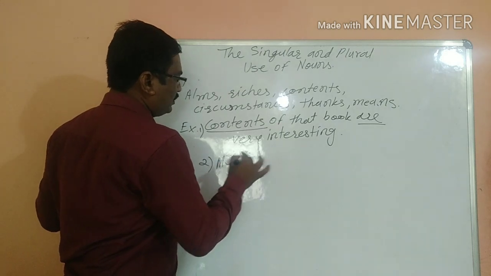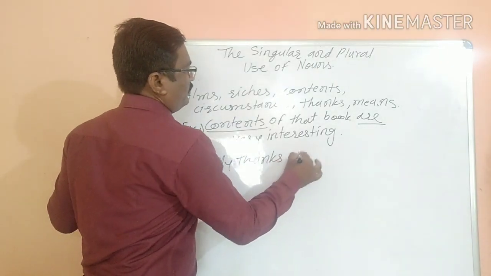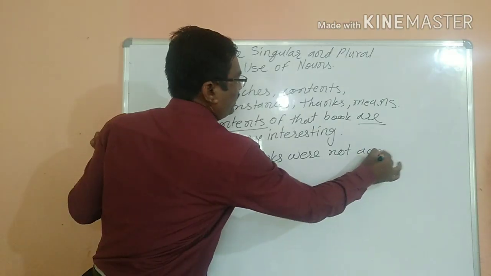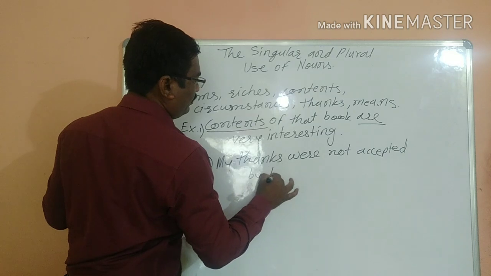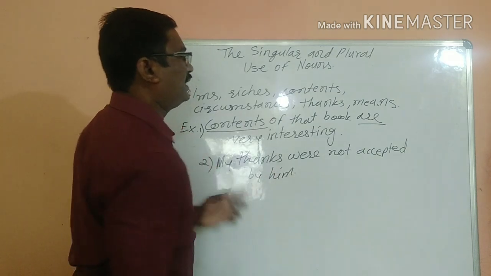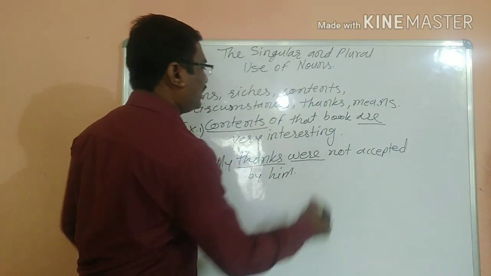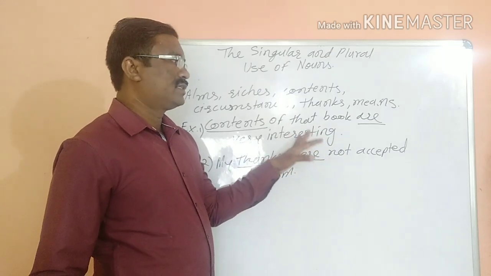My thanks were not accepted by him. My thanks were not accepted by him. Here thanks we should use as a plural form. We should not use it as a singular.